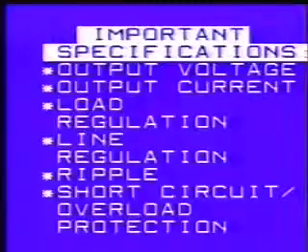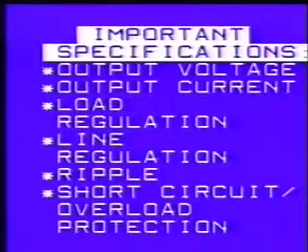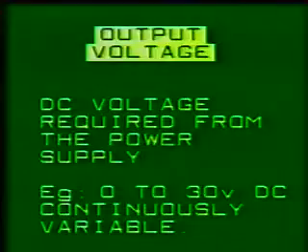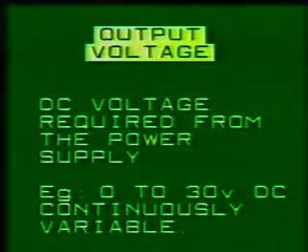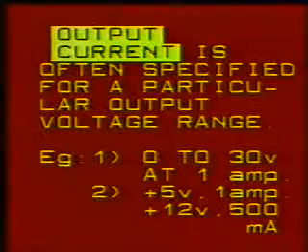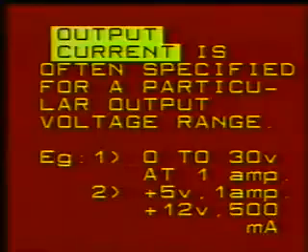Generally speaking, the characteristics of a power supply can be specified through parameters shown here. Output voltage, output current.